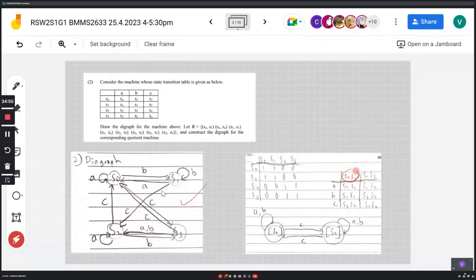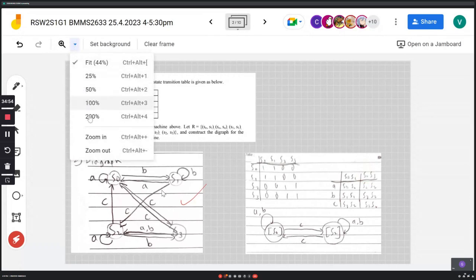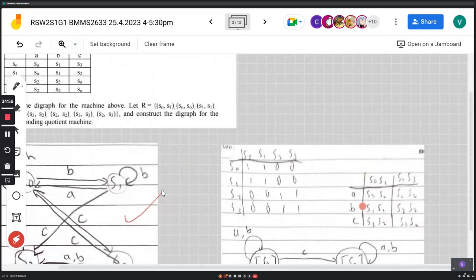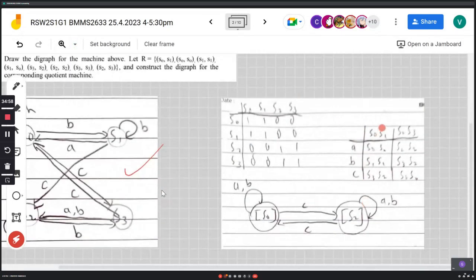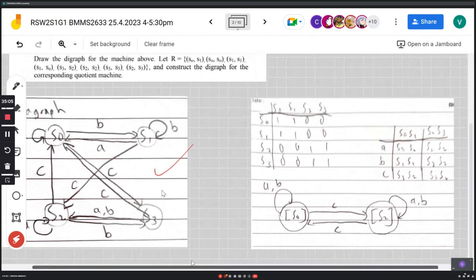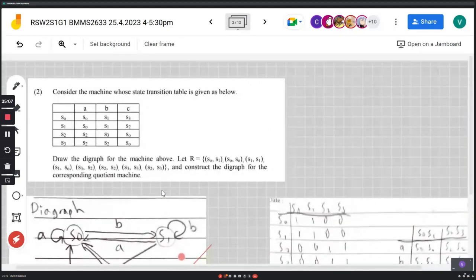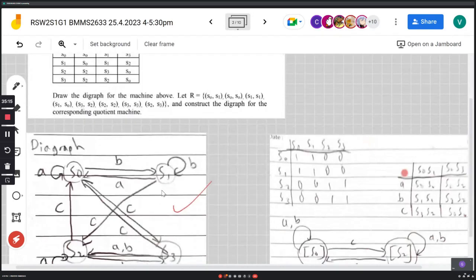So 0, 1, 2, 3. Then you can see here the 0, 1 after input A, B, C. What happened? From the table here, after input A, B, C, S0 gives 0, 1, 3. So here you will get 0, 1, 3 for A, B, C.